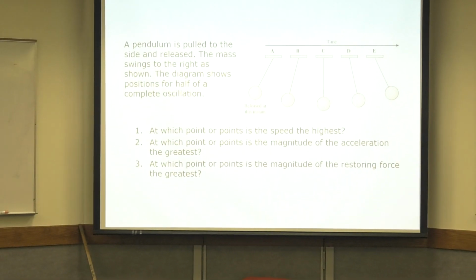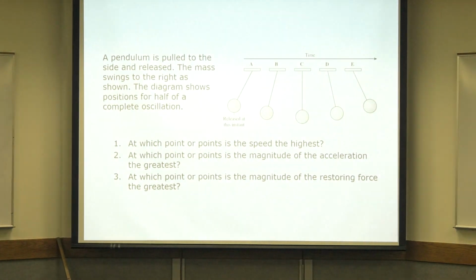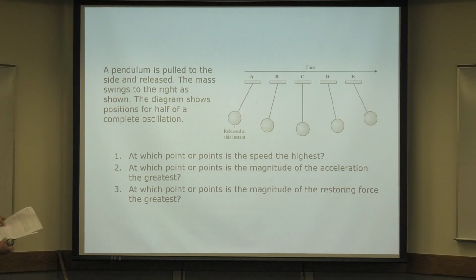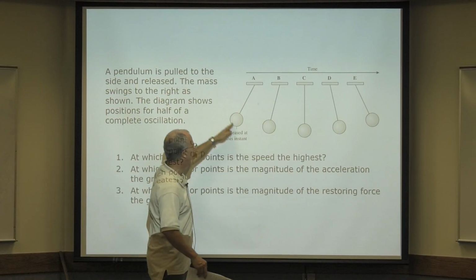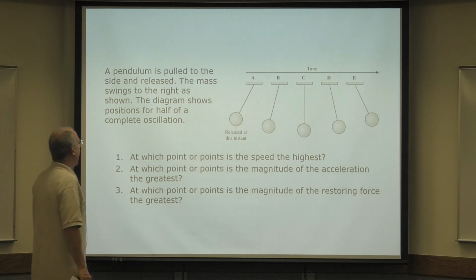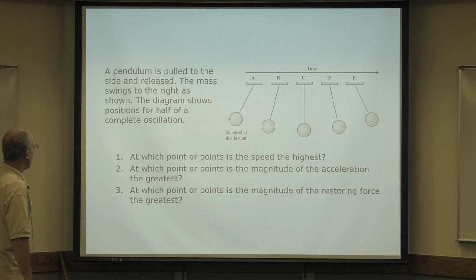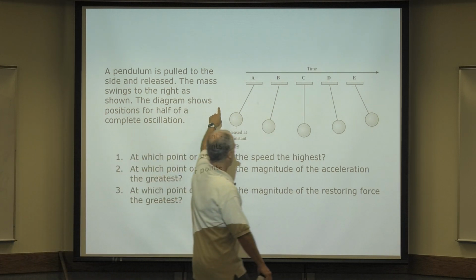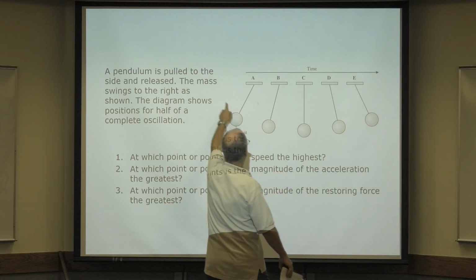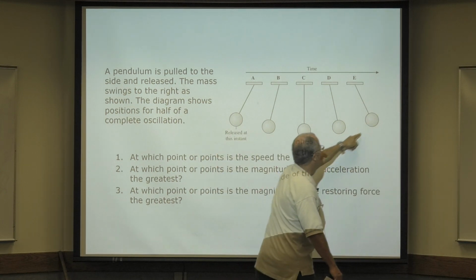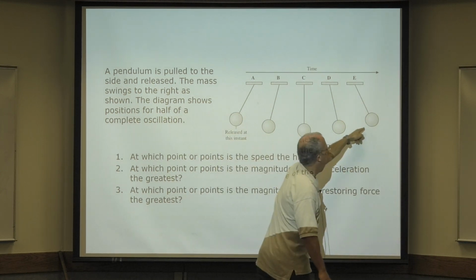Okay, your turn. A pendulum is pulled to the side and released. The mass swings to the right as shown. The diagram shows positions for half a complete oscillation. So this would be 1 complete period, but it's only showing half a period.